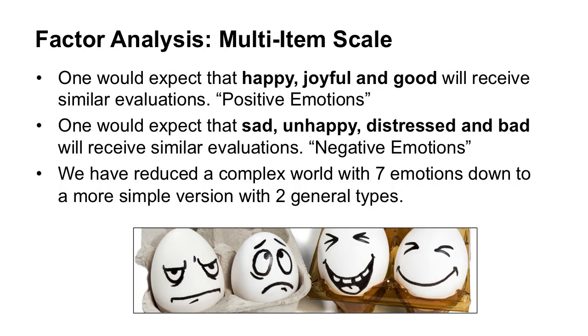One would expect that happy, joyful, and good will receive similar evaluations, and these are positive emotions. And one would also expect that sad, unhappy, distressed, and bad will receive similar evaluations relative to each other, and these are negative emotions. In being able to combine these, we reduce a complex world with 7 emotions down to a more simple version with 2 general types.